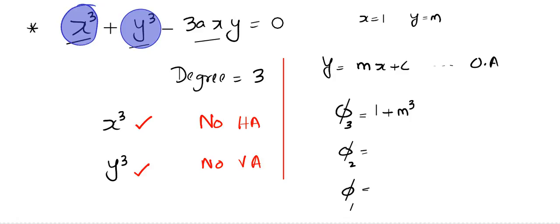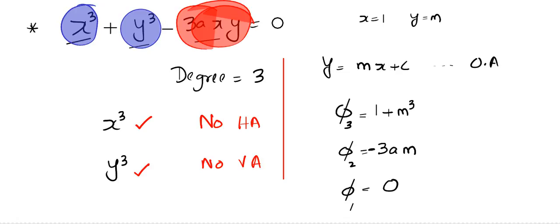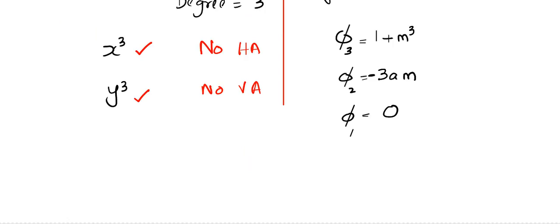There is only one term of degree 2. So x equal to 1, so 3a into 1 into m, and of course that negative. And there is no degree 1 term, so it is 0. That's it. Now the game starts. So the first equation is phi 3 equal to 0. That means m cube is equal to minus 1, because 1 plus m cube is 0. So m is equal to minus 1.